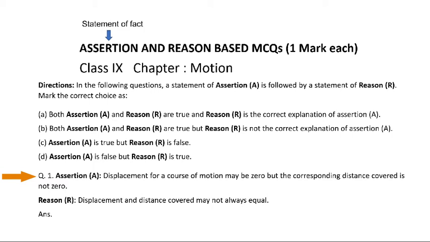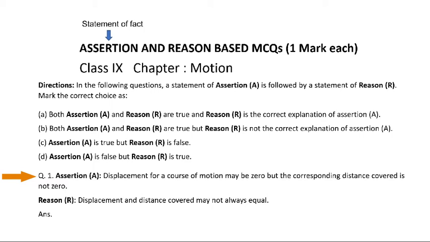That's the statement. And the reason for this is, you see, displacement and distance covered may not always be equal. Look at the words may not always be equal. This is the reason for the above statement.